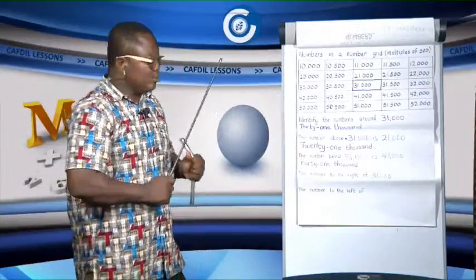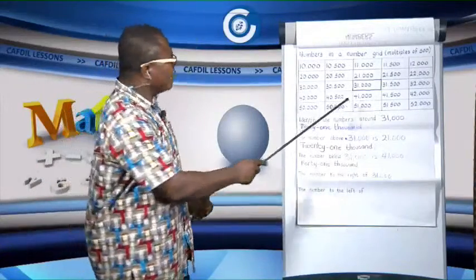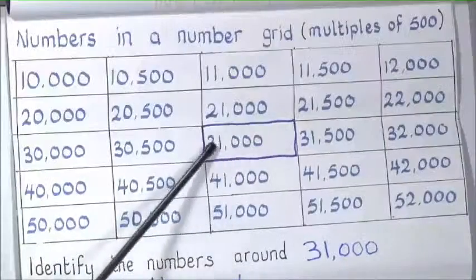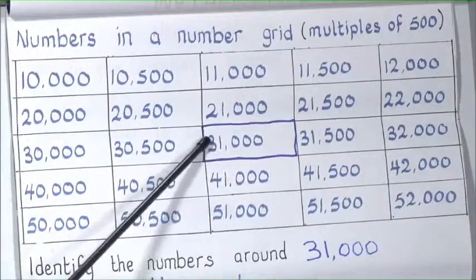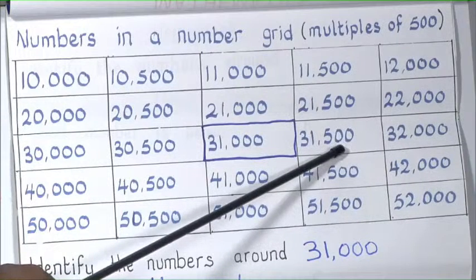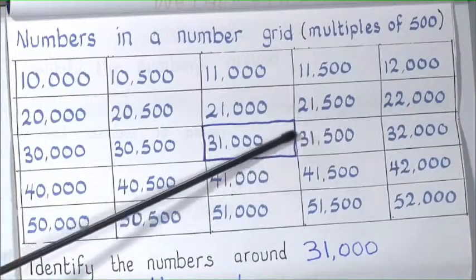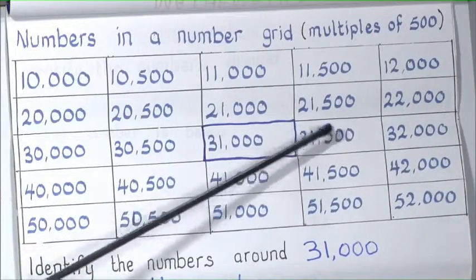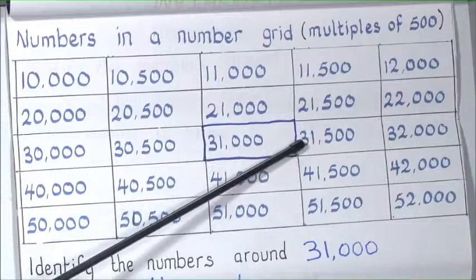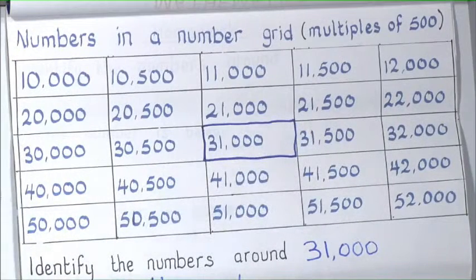And we want to identify the number to the right of 31,000. So if this is 31,000, the number to the right, this is what? To the right. So the number to the right of 31,000 will be what? 31,500.